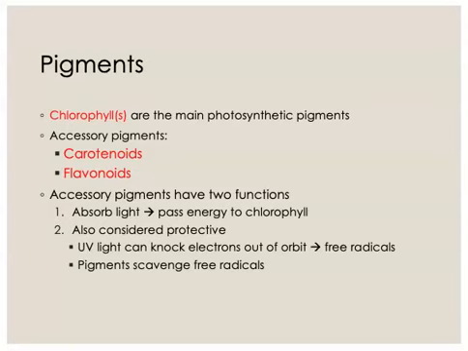That's the language we use to indicate getting rid of those damaging free radical molecules. So, accessory pigments are capable of absorbing light and passing that light on to chlorophyll, and they're also considered protective molecules, almost like a sunscreen for the organism that is doing photosynthesis.